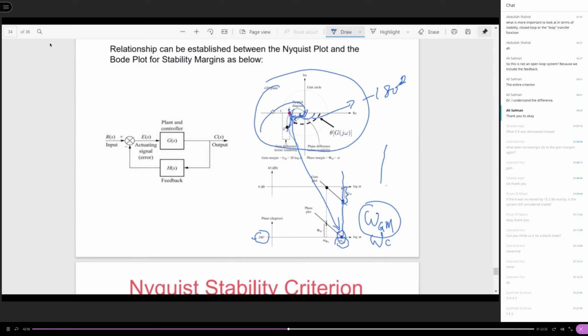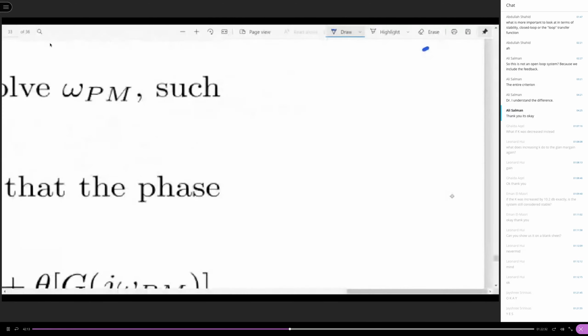If you have a crossover like this happens, the magnitude at the crossover point is what? It is larger than 1.